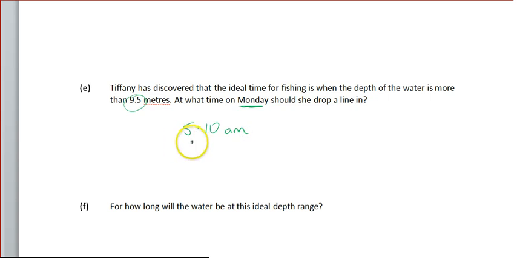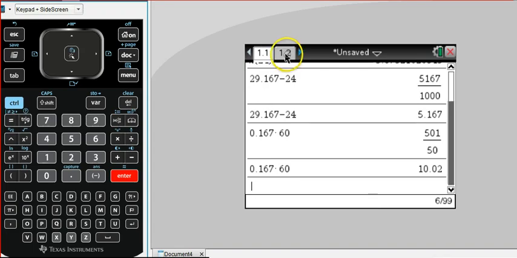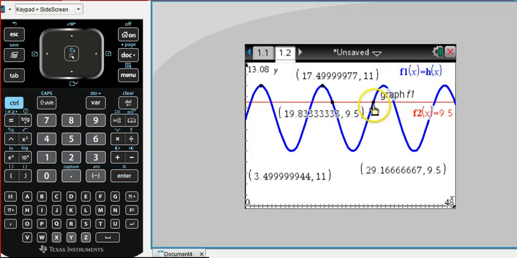And then that's only half the answer, because when you look at the graph, this is Monday, and so she can fish over here all this time here, but then this is still Monday as well. So what time can she actually go back and put her fishing line back into the water?